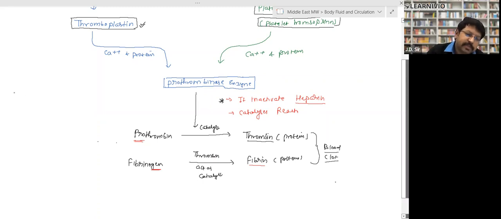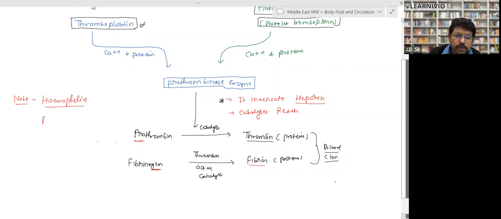There is a genetical disease. We will discuss this disease in detail in the 12th part, where we'll study molecular Mendelian genetics. In Mendelian genetics, I think it's chapter number 4. So there we will study this disease in detail. Till then, I want to tell you, hemophilia is a disease where blood clotting does not take place in the body of the patient.